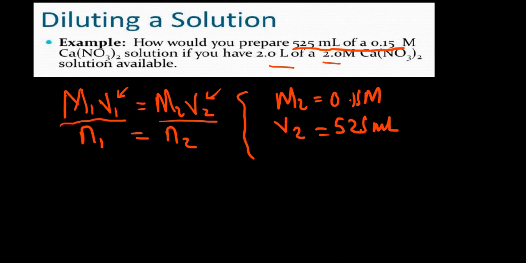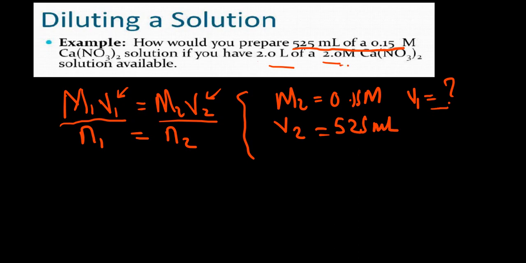From that 2 liter calcium solution, we want to prepare the new solution. So the first volume is unknown. The molar concentration here, which is the M1, we know it is equal to 2.0 molar. To find how we would prepare this solution, we need to find how much volume we need.